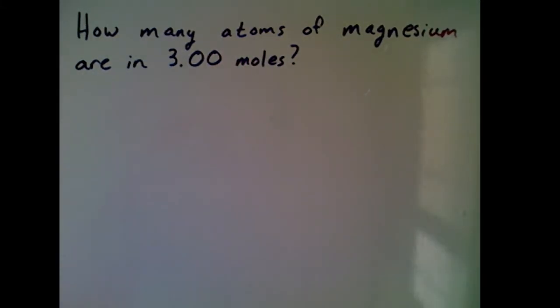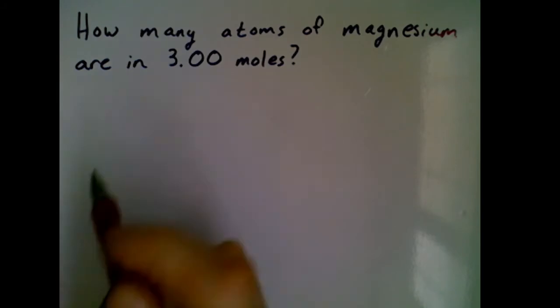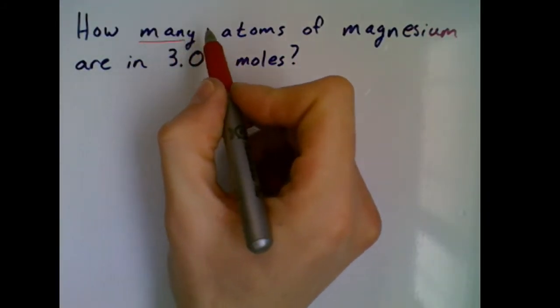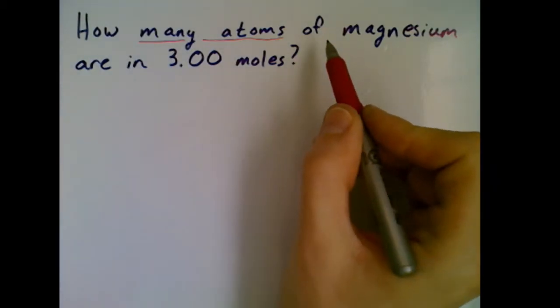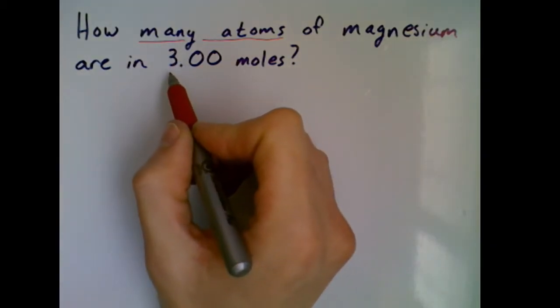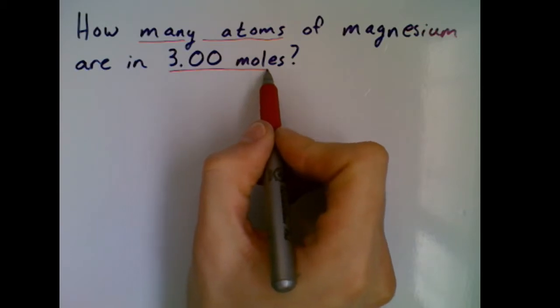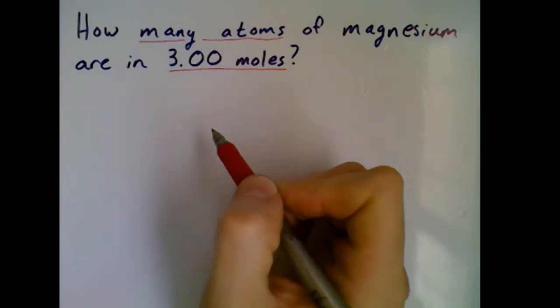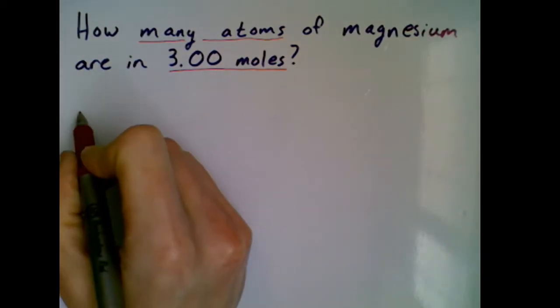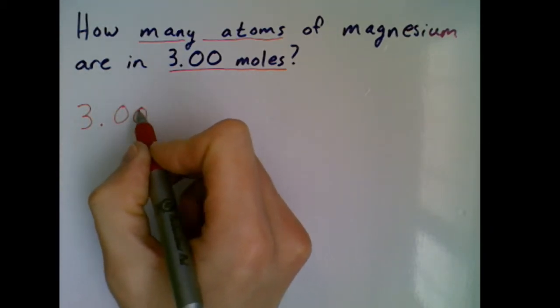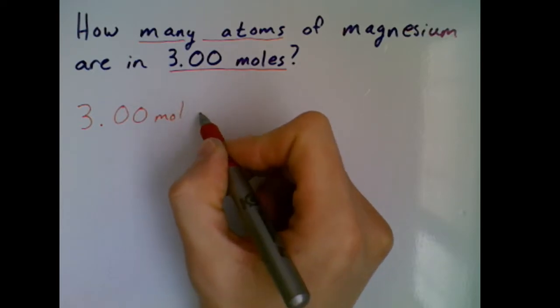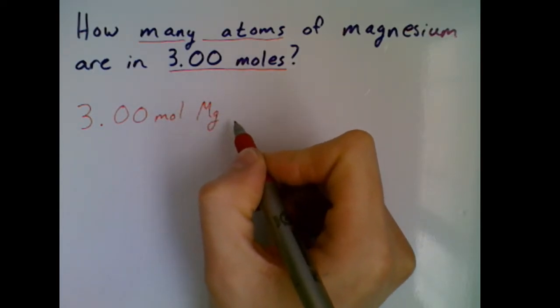Here's the question we're going to work through. How many atoms are in a sample of magnesium where there is 3.00 moles? So previously, one of the things I said is always start with what you know, and we know we have 3.00 moles of magnesium.